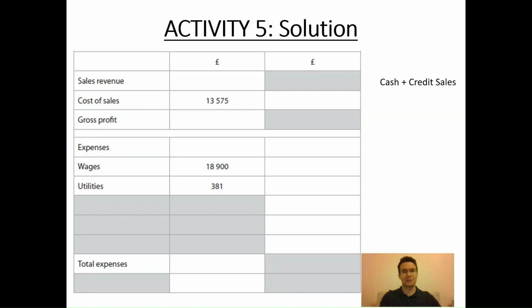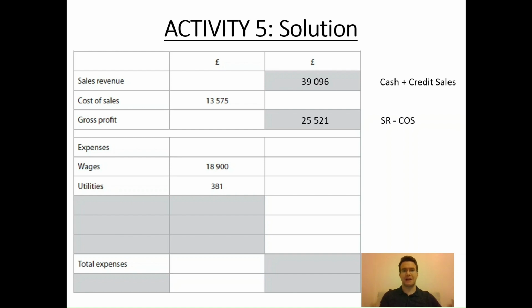So once you added the two together, you got a figure of £39,096. Then the cost of sales was given for you, £13,575. Take one away from the other, and of course you're left with a gross profit of £25,521.